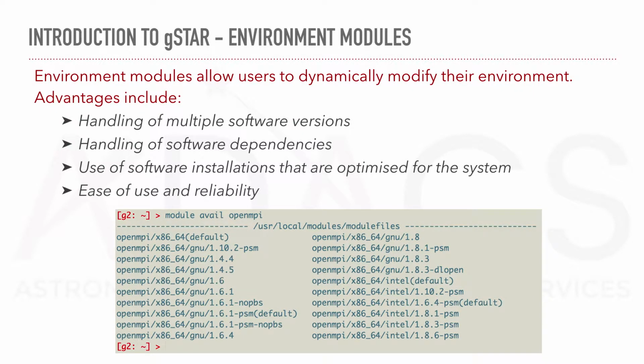Software on gSTAR is managed by environment modules, which allow users to dynamically modify their environment to access software that has been installed on the system. Advantages of environment modules include management of multiple software versions, handling of software dependencies, use of software installations that are optimized for gSTAR, and ease of use and reliability.